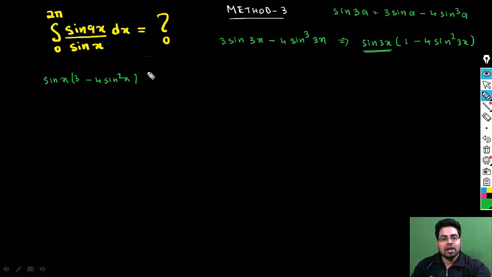Now here I have 1 minus 4, and here we have the square of sine 3x. That means the square of this whole expression, that is sine square x into 3 minus 4 sine square x.